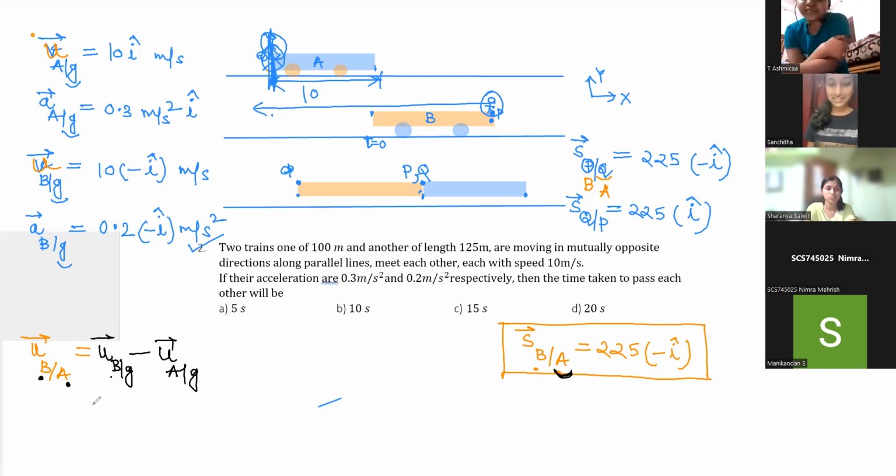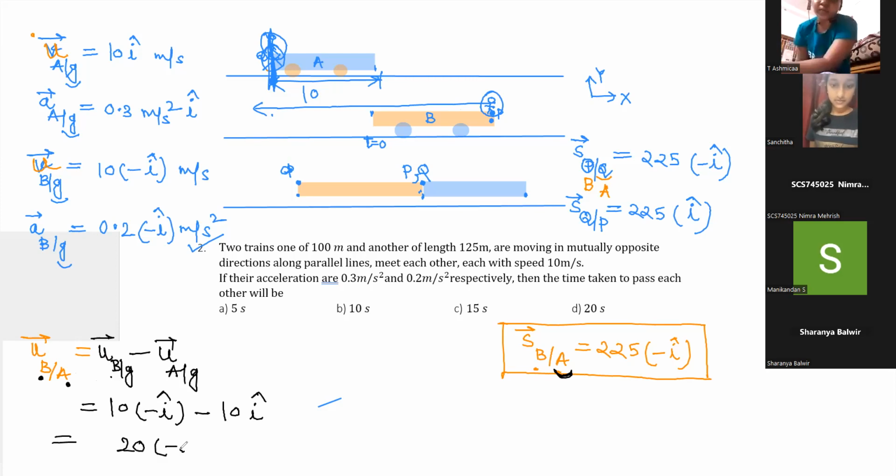I'll explain it again. So UBG is what? 10 minus I cap. What is UAG? It's 10 I cap. So what is it? It's 20 minus I cap. All of you got it or not? Understood? So we have UBA. Now what happens to ABA?